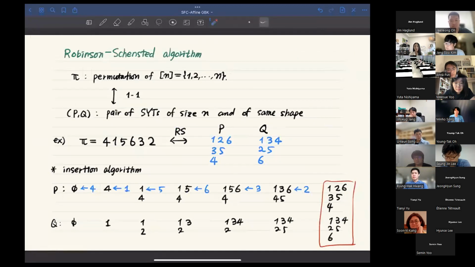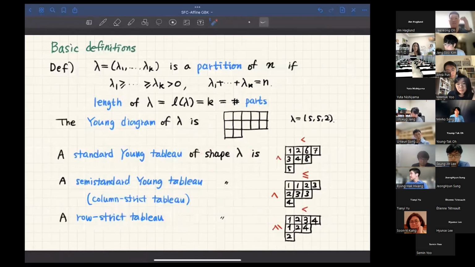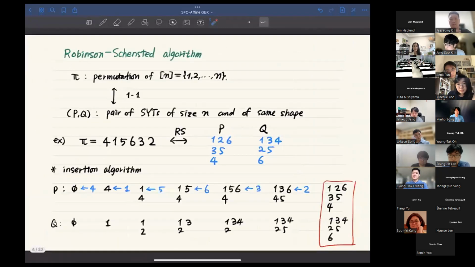Okay, so the Robinson-Schensted algorithm is a very well-known algorithm in combinatorics and representation theory that gives a bijection between permutations of N and pairs of standard Young tableau of the same shape. By the way, I mentioned that the shape is lambda. And I'm not going to give you the precise definition of the map because it's very well known.